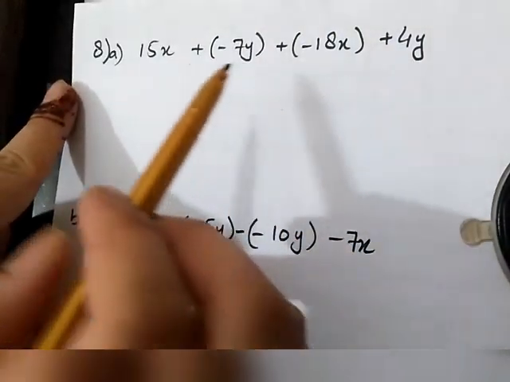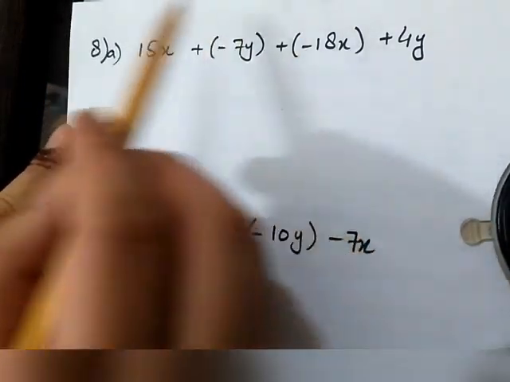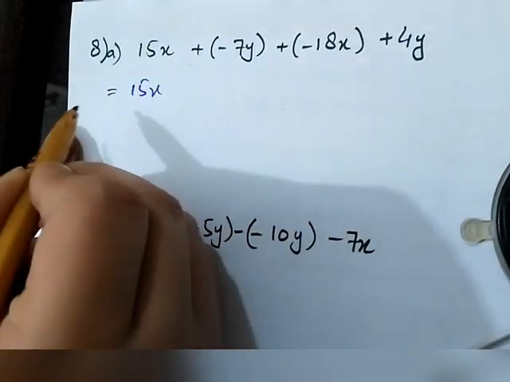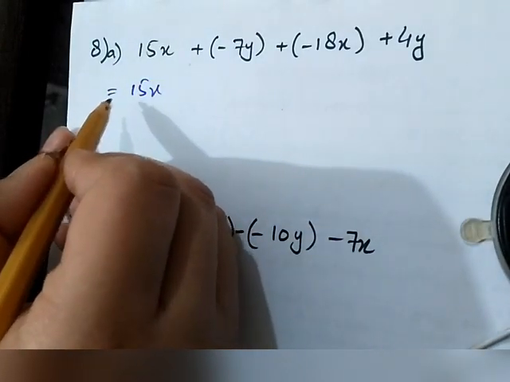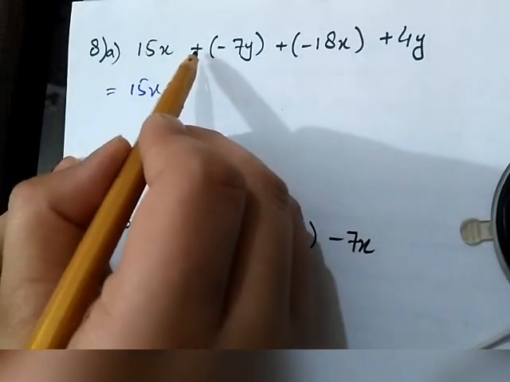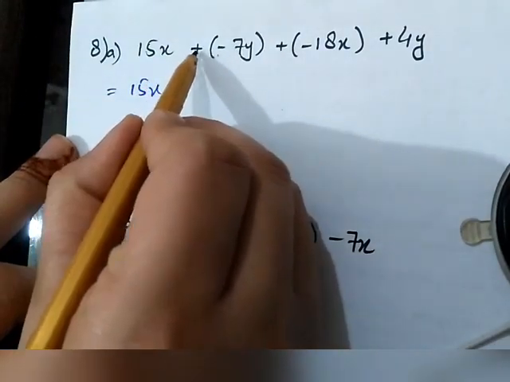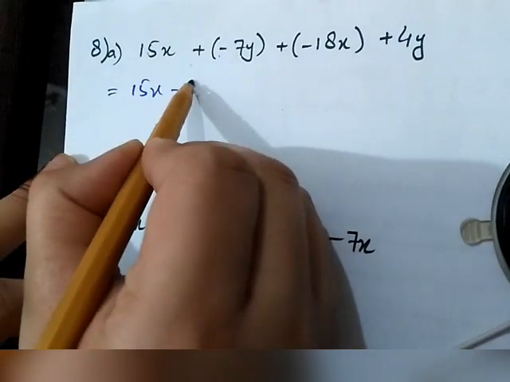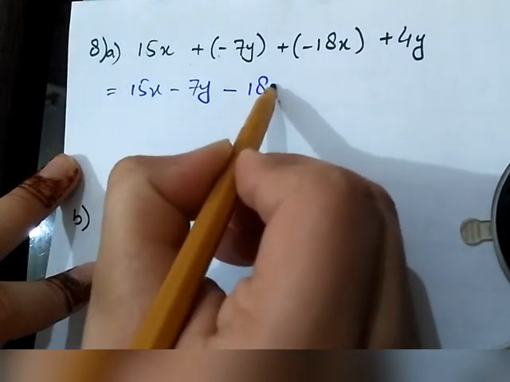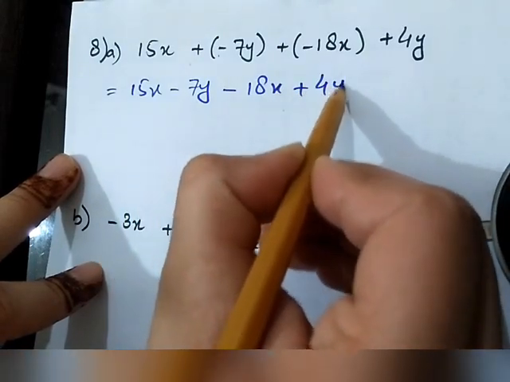First of all, we solve these brackets, and after that we arrange our variables. So 15x, always put the equal sign on any line before starting any line. So minus plus minus 7y, again plus minus 18x plus 4y.